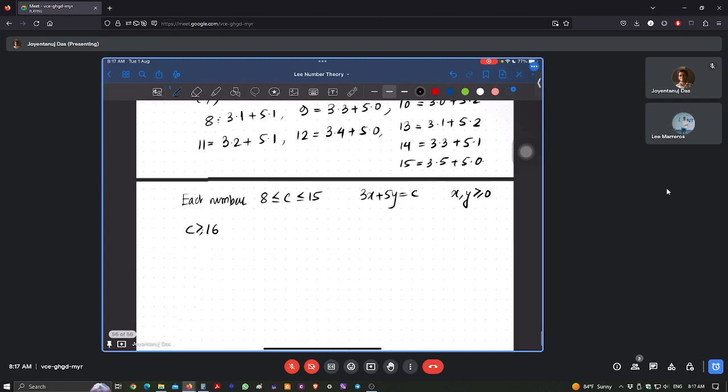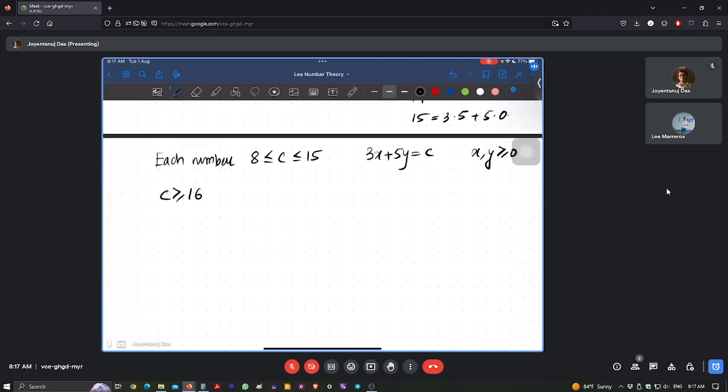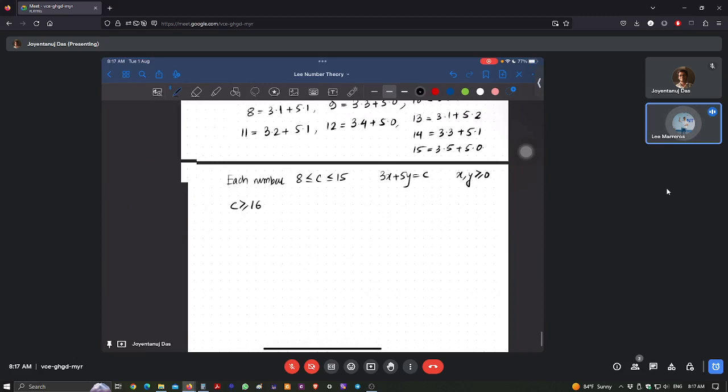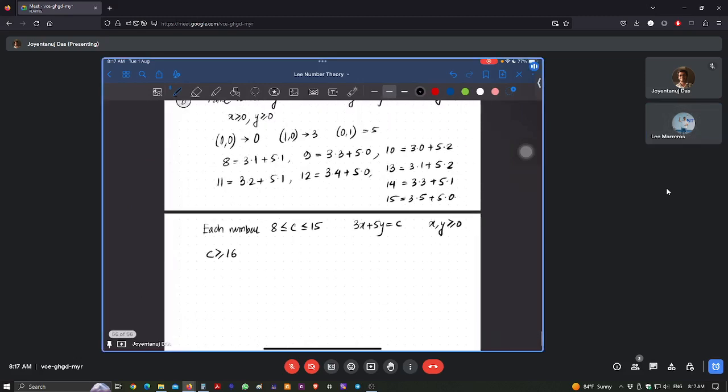I mean, we know the GCD of 3 and 5 is 1, and then we can find the x and the y, and then we multiply that by c. No, that is not always possible. By the Euclidean algorithm, that gives us integer solutions, right?